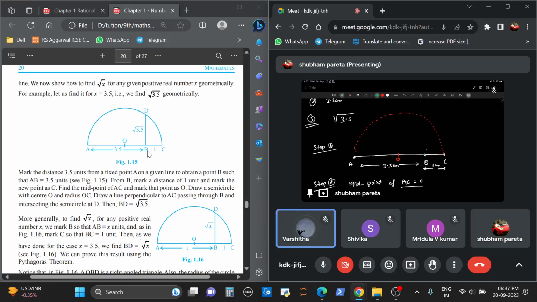Now from B draw a perpendicular line like this and mark a point D over here.